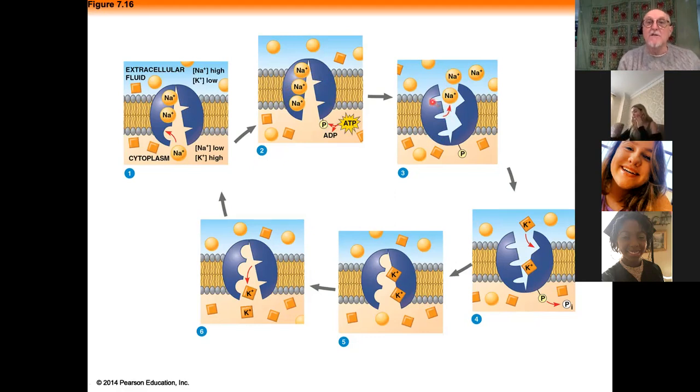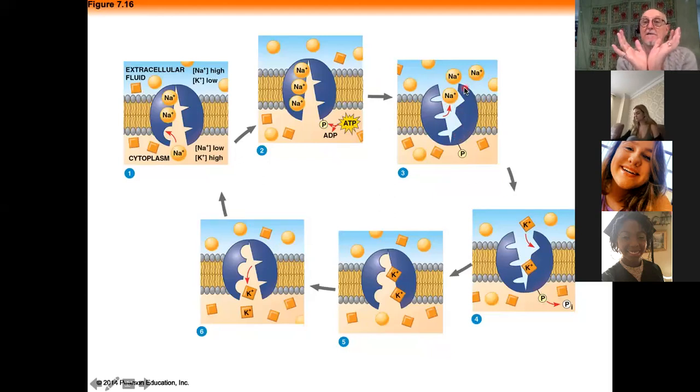Once it does that, the shape of these sites here changes, and they won't bind the sodium anymore. They pump it to the outside, where there's already a high concentration of sodium. There's also, on the outside here, dissolved potassium, and these sites here are potassium sites.